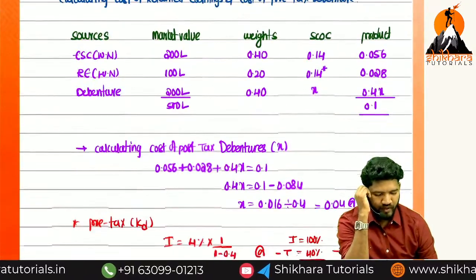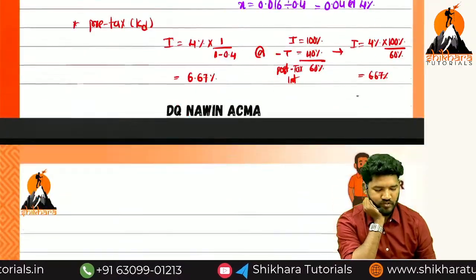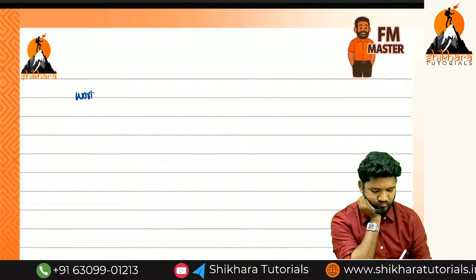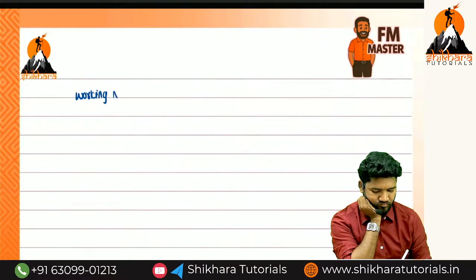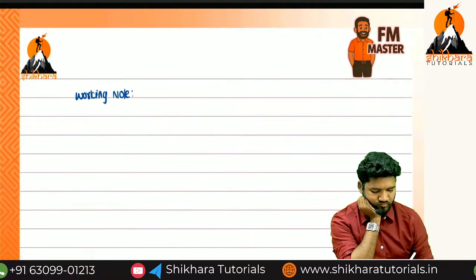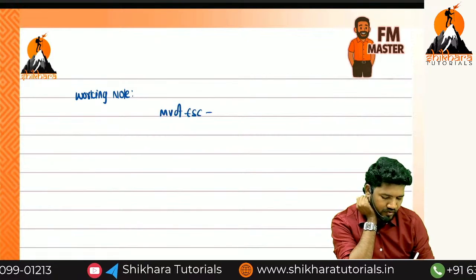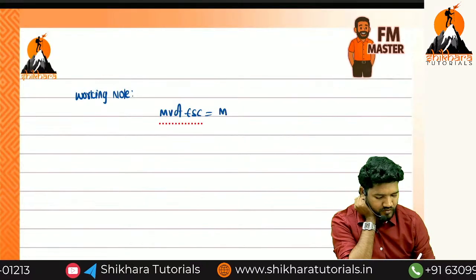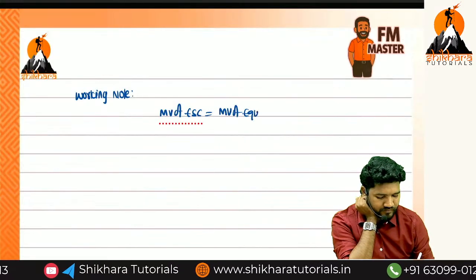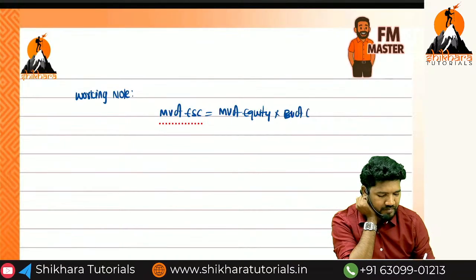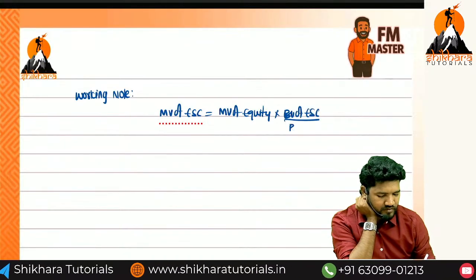Now you have to write working notes. What about the working note? Market value of equity share capital equals market value of equity into book value of equity share capital divided by book value of equity.